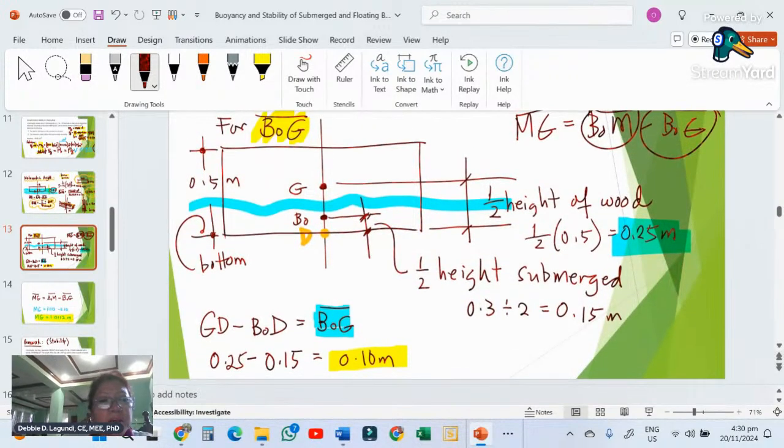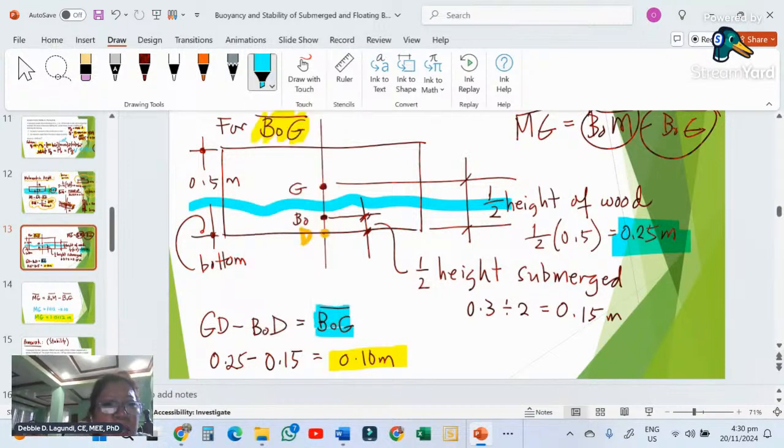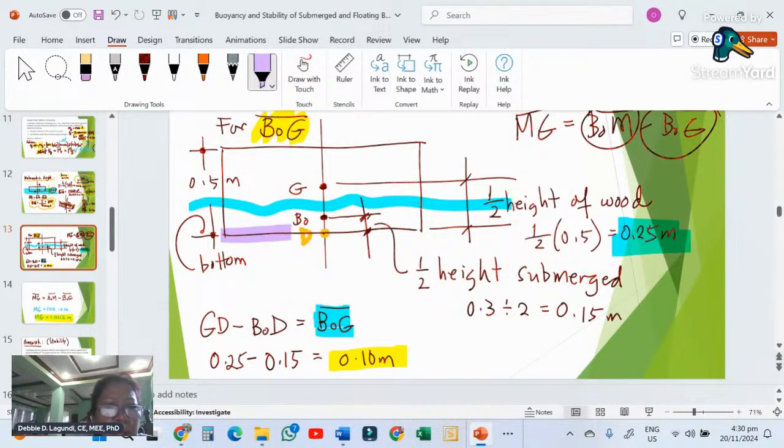I introduce another variable here, D, at the bottom of the rectangular shape. Here at the bottom, you can see D there.